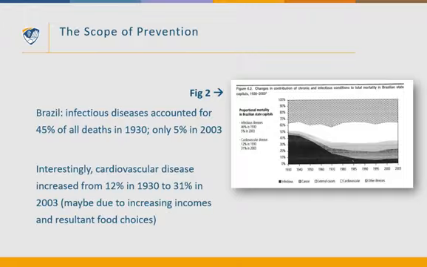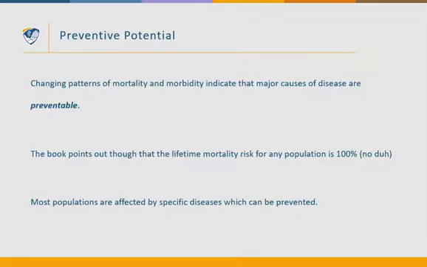So there's an increase in cardiovascular disease from 12% in 1930 to 31% in 2003. Why might that be? Well, maybe due to having more income and then resultant food choices that people make. Or maybe people are living longer to the point where they could actually succumb to heart disease versus an infectious disease or some other disease.